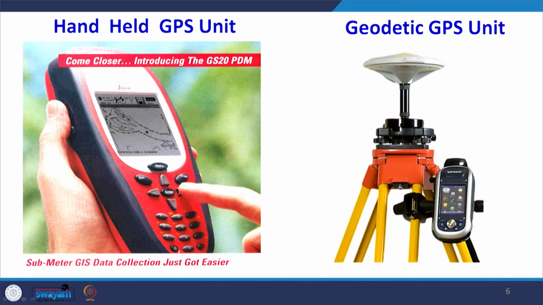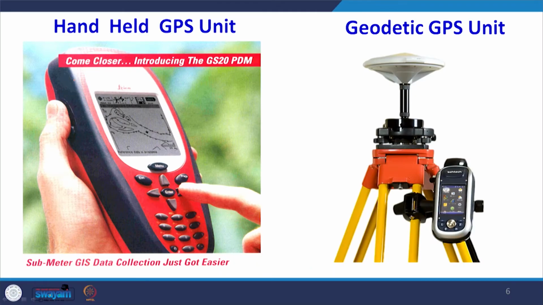You can transport it from one place to another very easily, and it is mostly used for navigational purposes. It will not give you very high accuracy as compared to the other category, which is the geodetic GPS. Geodetic GPS will give you centimeter accuracy for the observations.